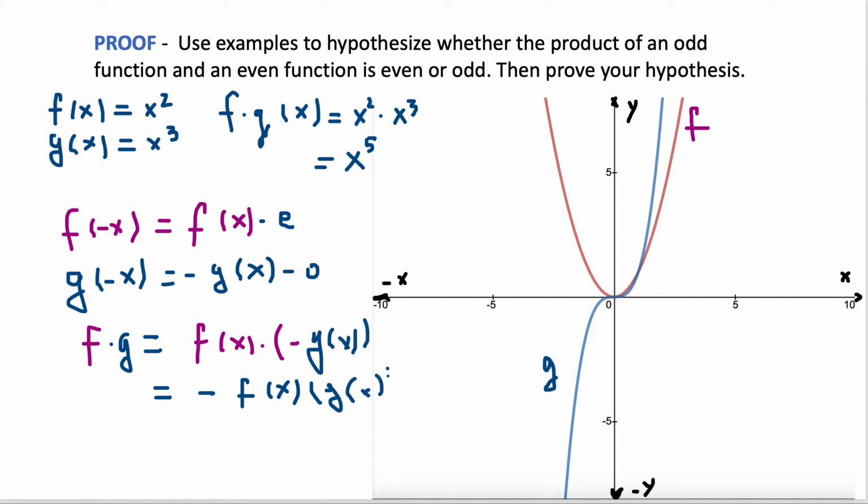So it means it is an odd function, because let me take f of x and g of x and write them as one function. Let's say it is an r function, so it is minus r of x.